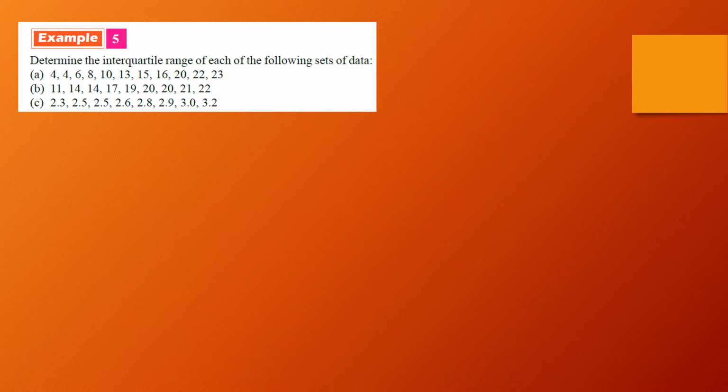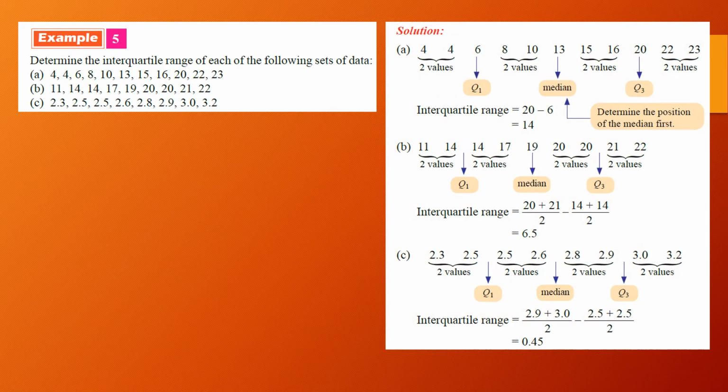So first, what we must do, we identify the median first. What is median? Median is the data that is at the center of the data given, the center value. Here we can see in total you have 11 values. Okay, so 13, the sixth value, is the middle or the center value.